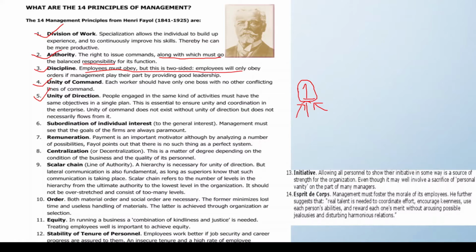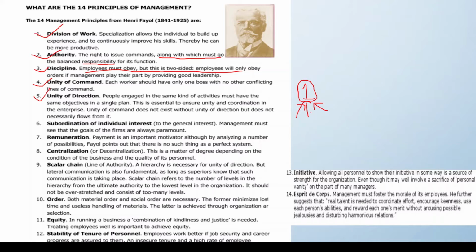The objective is single, the successful completion of project 1. There is a single plan, that is unity of direction. All of them are following one direction.